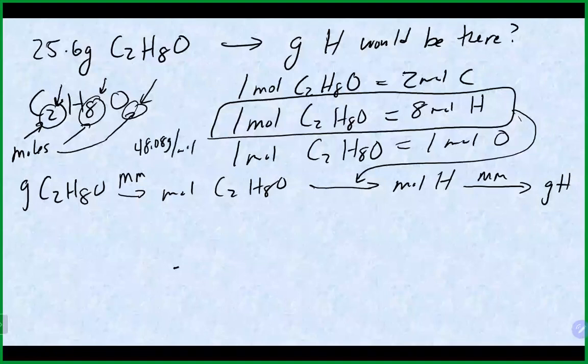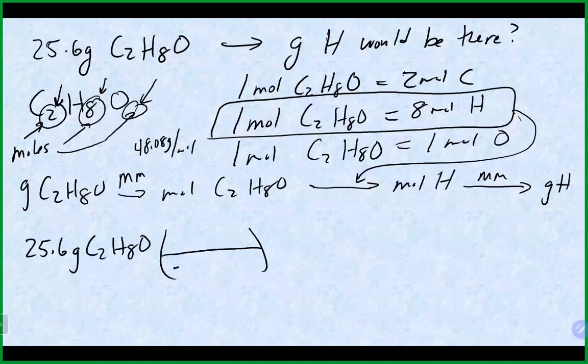So we're going to first use that to convert into moles, which allows us to use our formula's conversion factor. Starting with 25.6 grams of the entire thing, using the molar mass of the entire thing gives us 194.08 grams per mole of the entire thing.